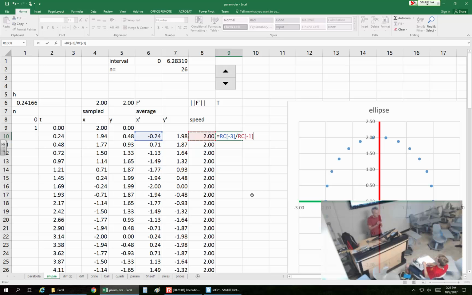The x component of my velocity will be divided by the speed in order to create the unit vector. So just to confirm, okay, that's right. I've got to move this thing.